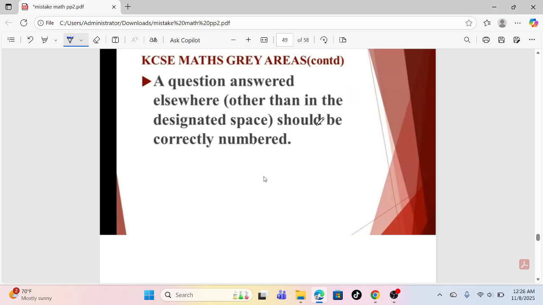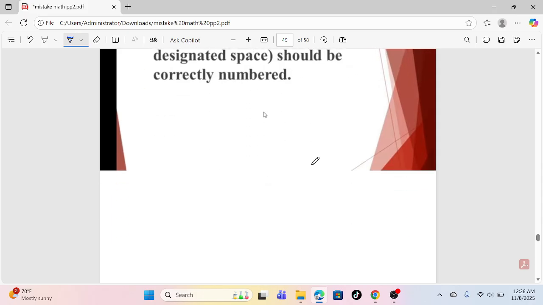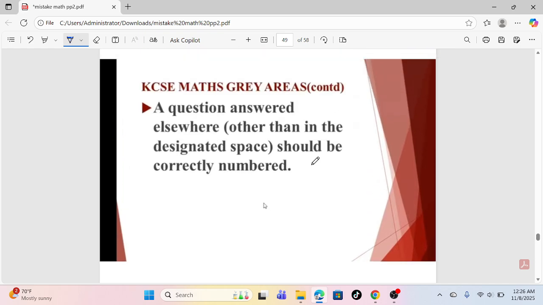A question answered elsewhere other than the space provided should be correctly numbered. For example, if question number 1 gave you trouble and you messed up your work, and you restart at number 18, then at number 18 you must write that this is number 1.